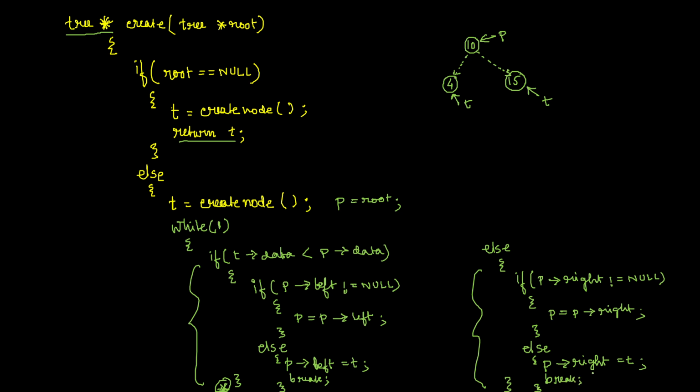Because when either p right equal to t or p left equal to t is executed, it means you have connected the currently created node in the existing tree, and running the loop for finding the position to connect is no more required, so you can break it.